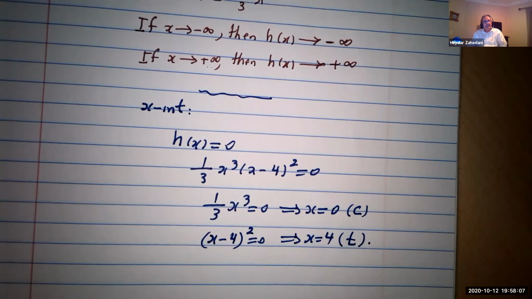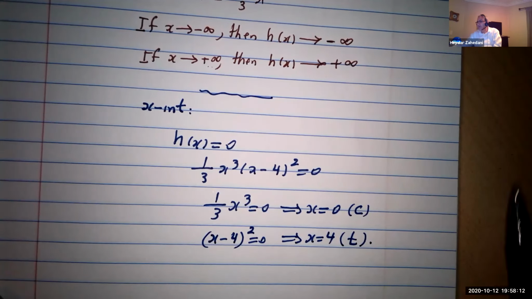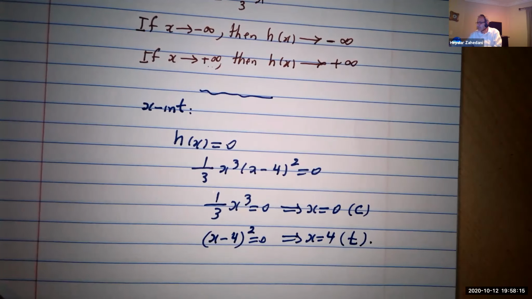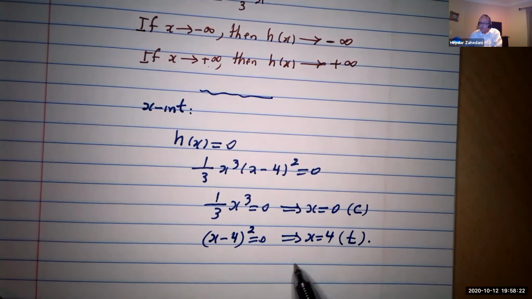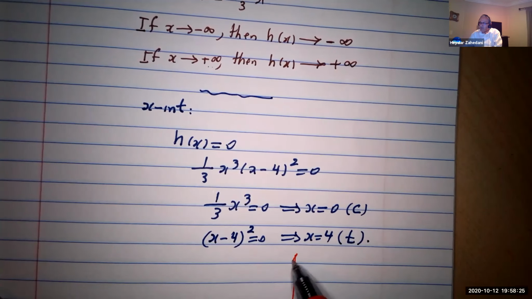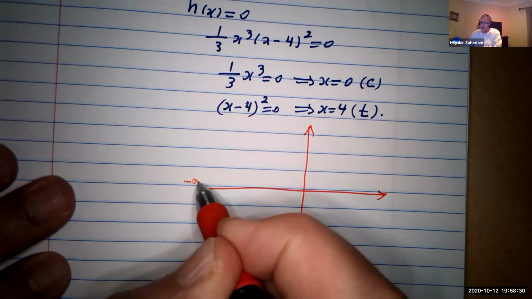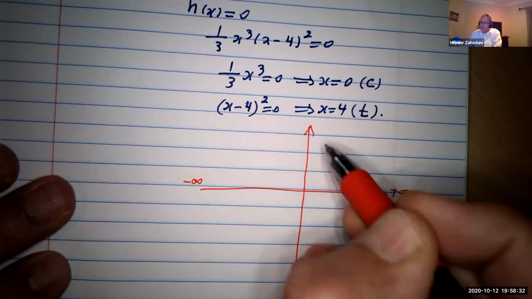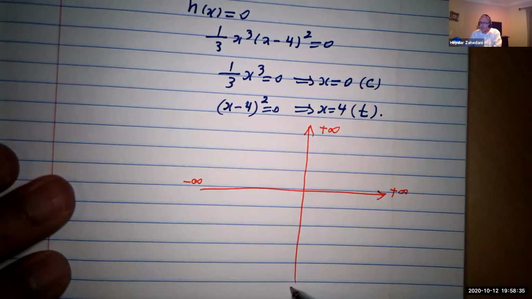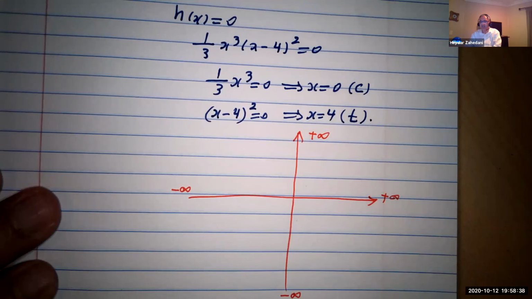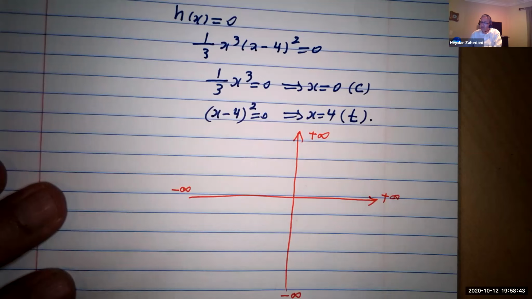Now we are ready. We have only 2 intercepts, and we already have the description of them.